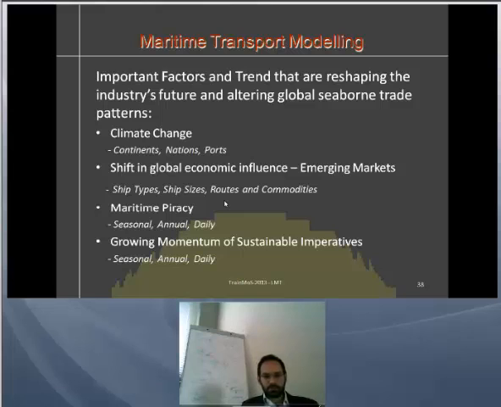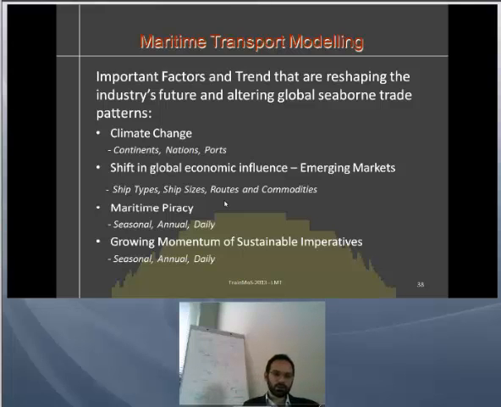Another important factor nowadays is maritime piracy. It needs to be taken into account because it substantially affects the trading routes and the safety of the operations, and it needs to be taken into account while forecasting a specific transport activity.